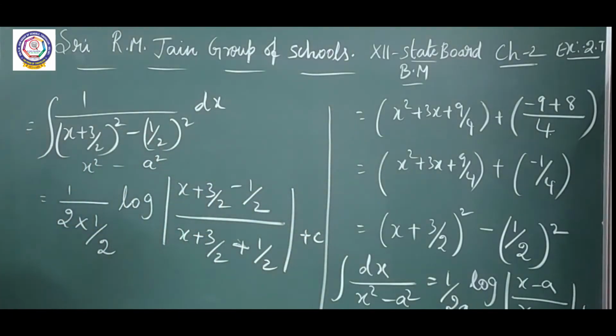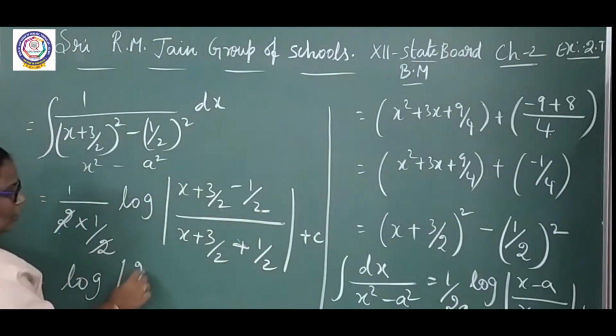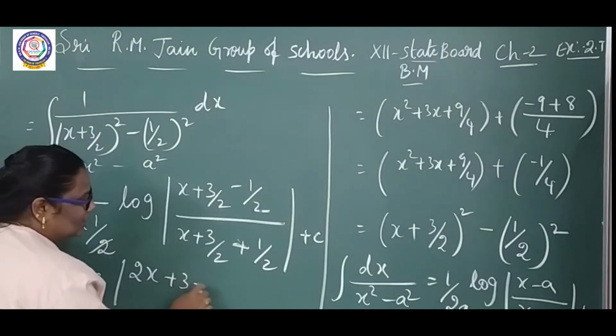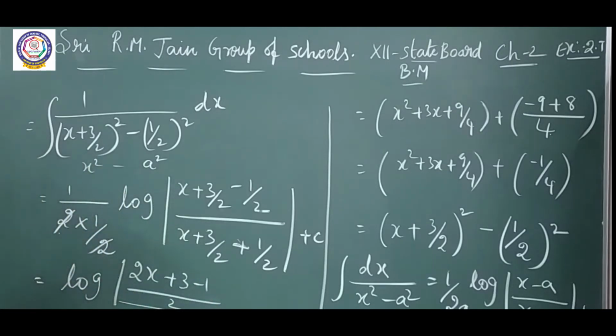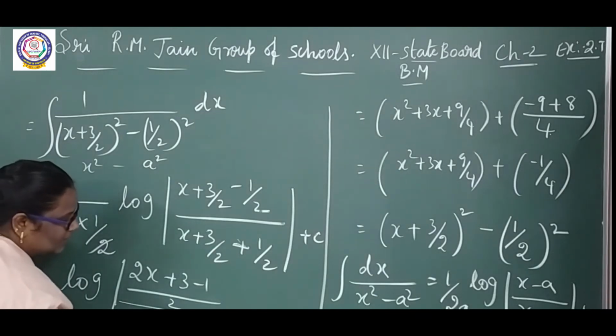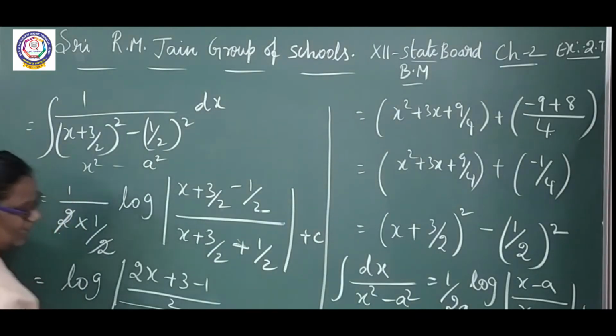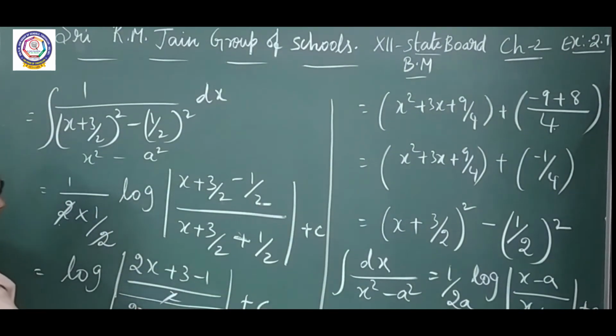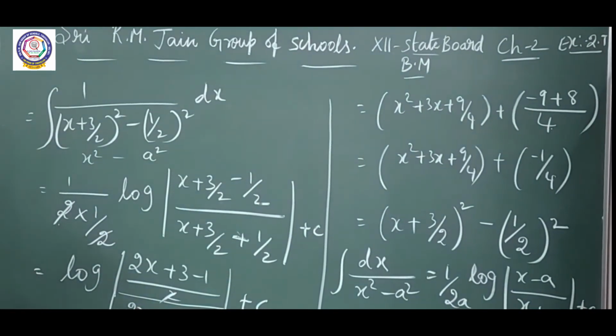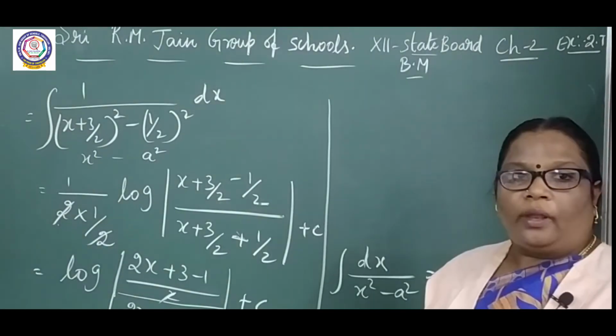See here, the 2s get cancelled. Log of modulus of, you can take the LCM as 2x plus 3 minus 1 by 2, divided by the same thing, 2x plus 3 plus 1 by 2, plus c. The 2s get cancelled.